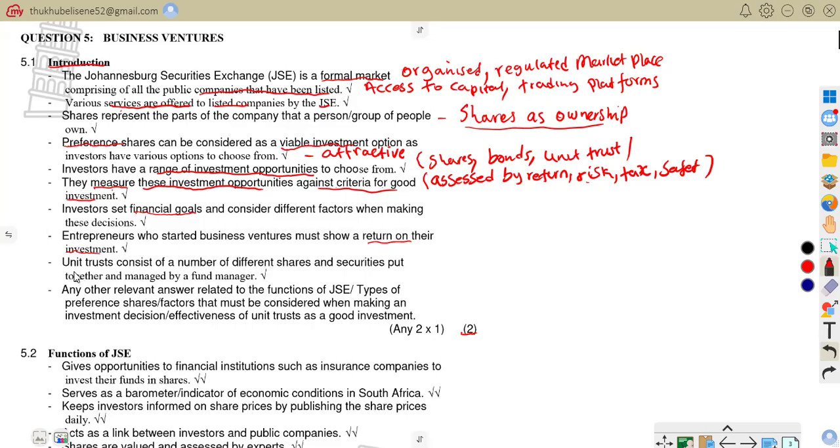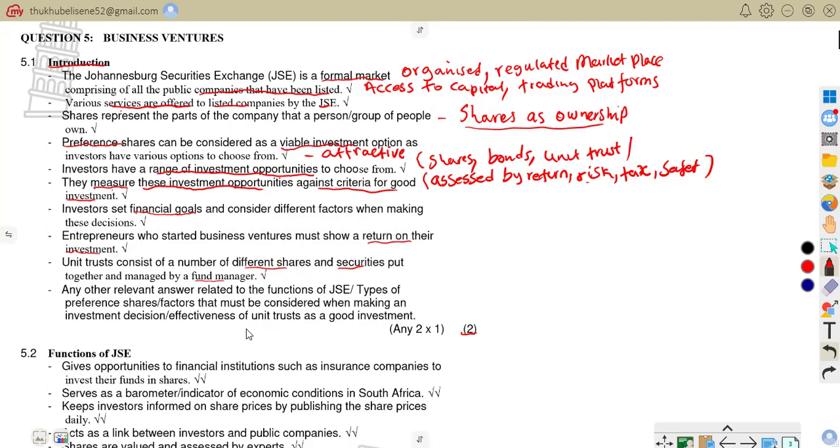So now we're talking about the unit trust. Unit trust consists of a number of different shares and securities put together and managed by a fund manager, an expert manager who has experience when it comes to the Johannesburg Securities Exchange.